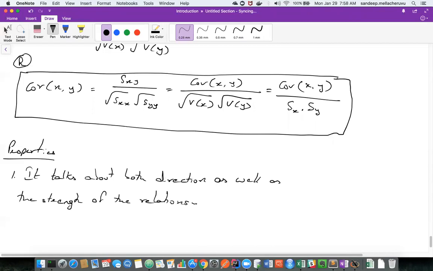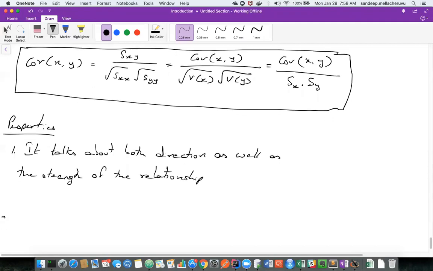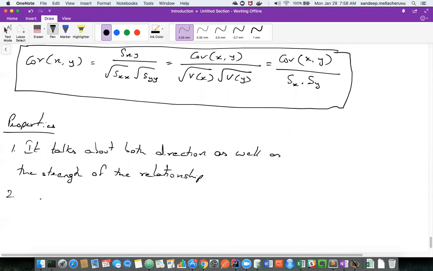So we are talking about both the strength and the direction of the relationship, not just the direction, not just the strength.